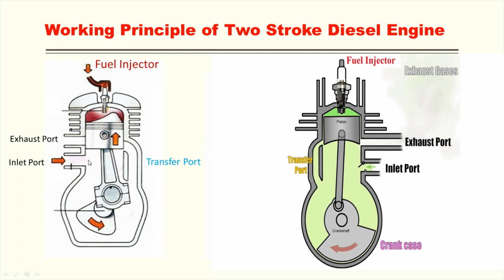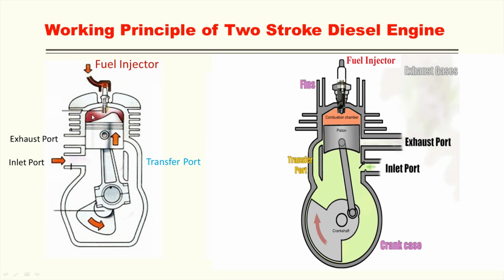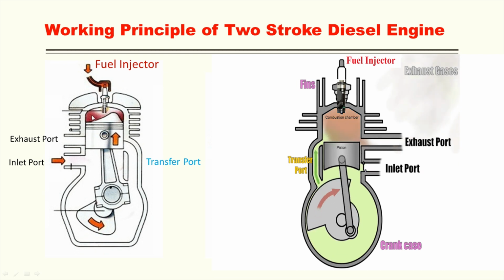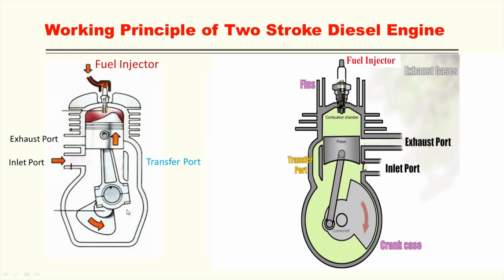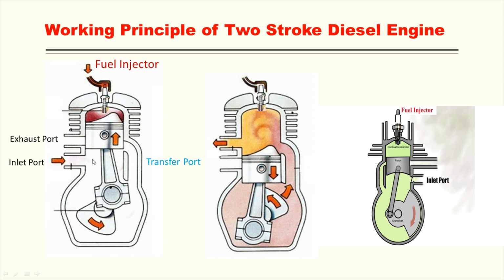So whenever the piston travels from BDC to TDC, we already assume the charge is there, and in case of a diesel engine the charge is only air, and this air will be compressed. At the bottom side, negative pressure is generated due to the movement of piston from BDC to TDC. At that time the inlet port is uncovered and it will allow fresh air into the crankcase.